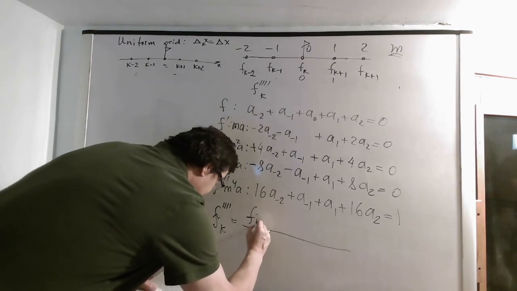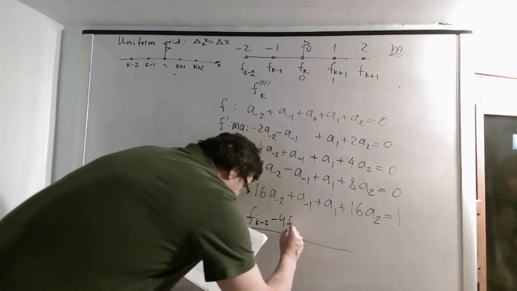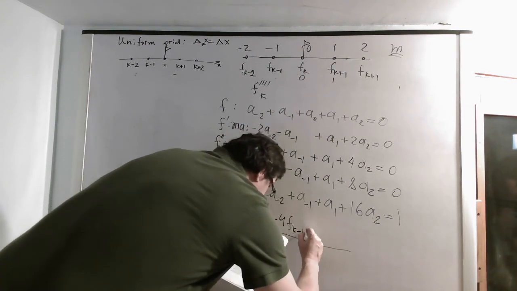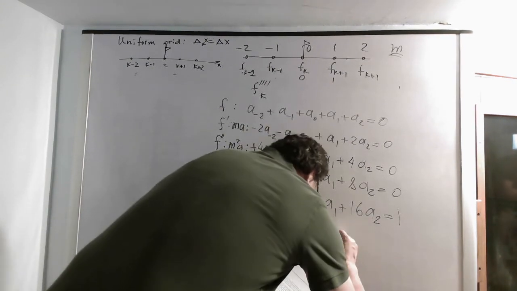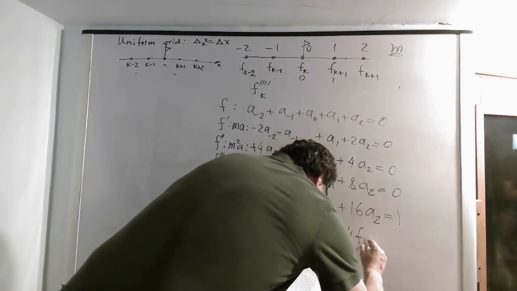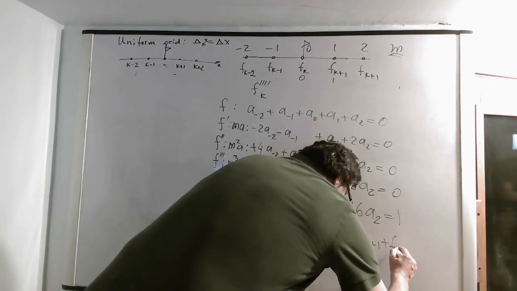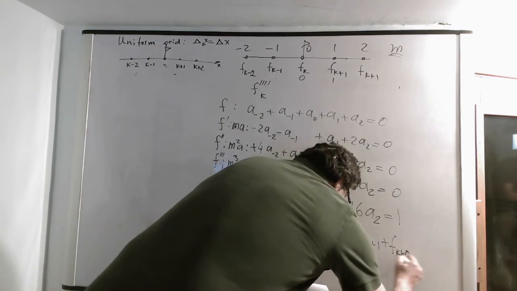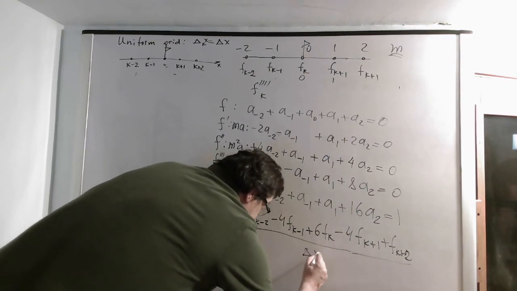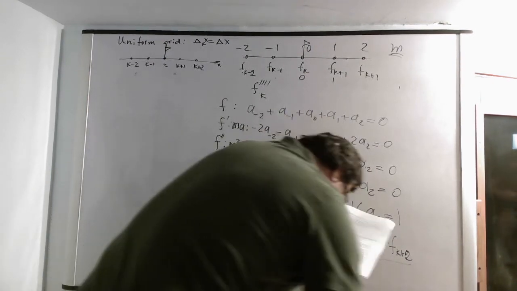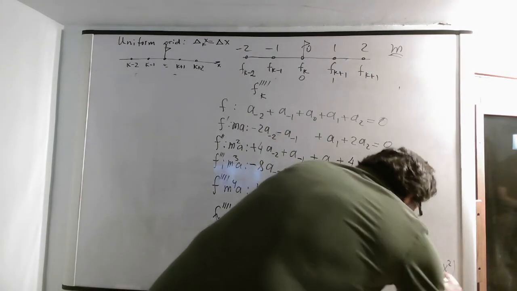So f_{k-2} minus 4 f_{k-1} plus 6 f_k minus 4 f_{k+1} plus f_{k+2}, divided by delta x to the power of 4, and truncation error is O(delta x squared).